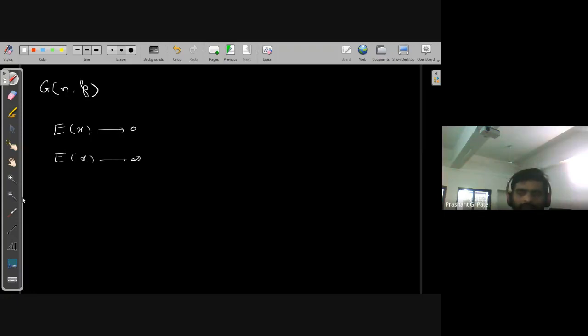So if E of X is going from 0 to infinity, in between there is a small fraction of situations where that item will occur. The situation we are talking about here actually happens with the Hamiltonian circuit or Hamiltonian cycle. So does anyone know the definition of a Hamiltonian cycle?